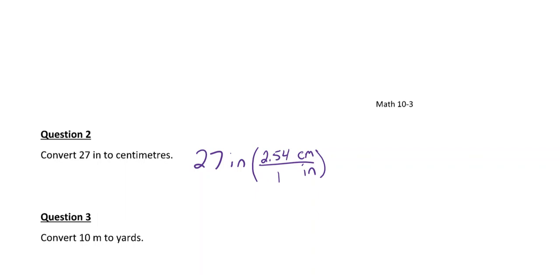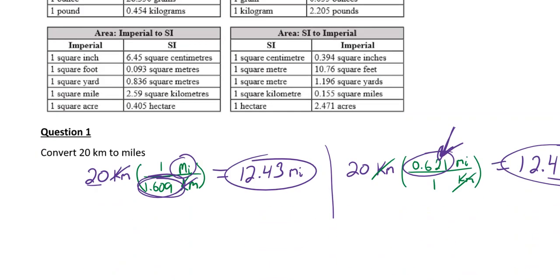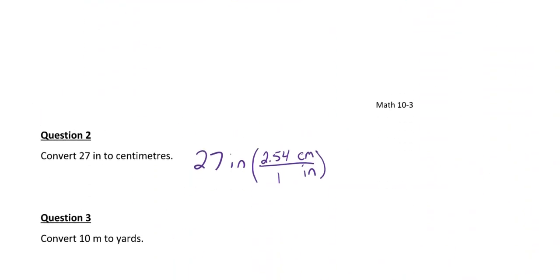Did anybody else use the other one? Did anyone else use 1 centimeter is 0.394 inches? Okay, you could have done that too. But I'm doing this one. All right, so they cancel, right? Inches cancel with inches. We're going to be left with units of centimeters, so we're in good shape.